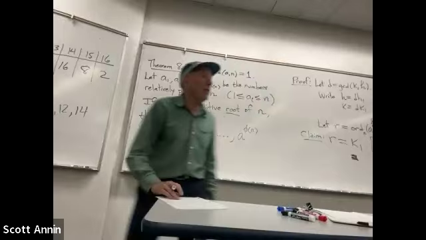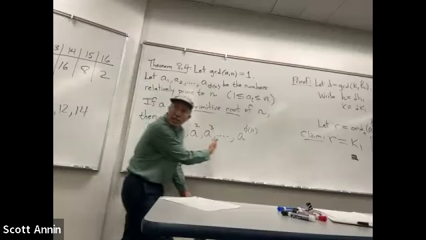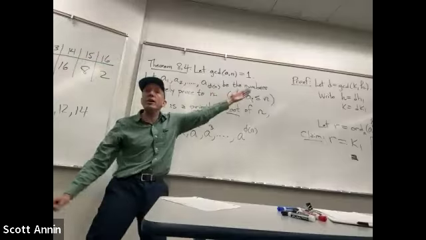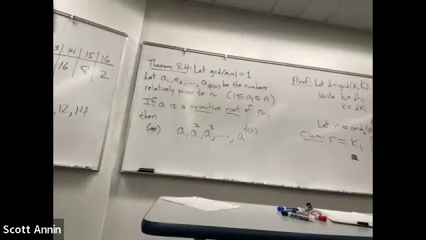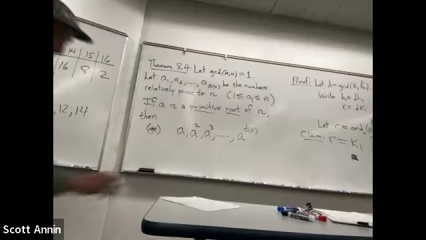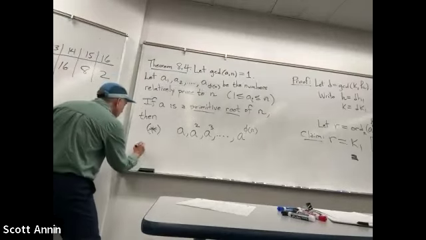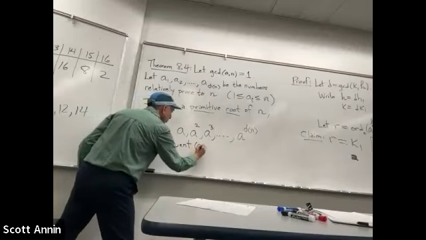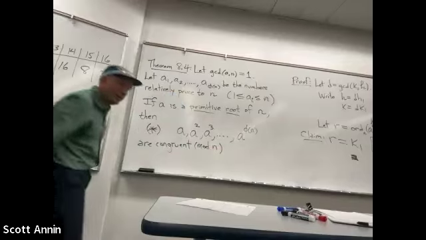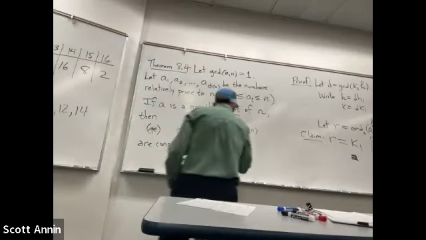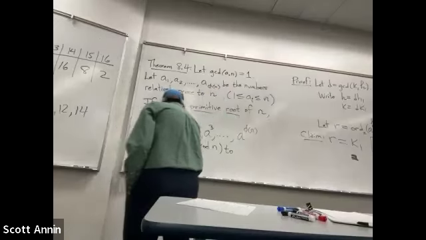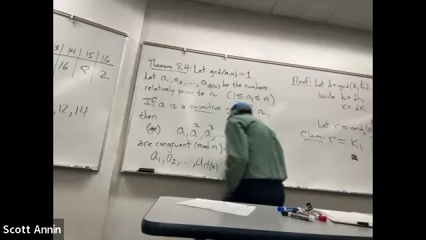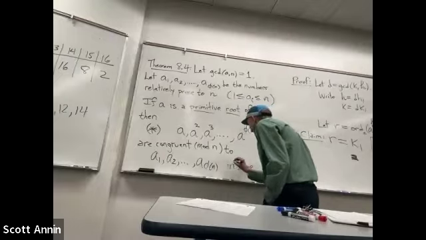So what does that tell you? That tells you that this list of phi of n numbers must be the same as this list of phi of n numbers, just potentially in a different order. That's exactly what this theorem says. These are congruent in mod n to A1, A2, ..., A of phi of n in some order.